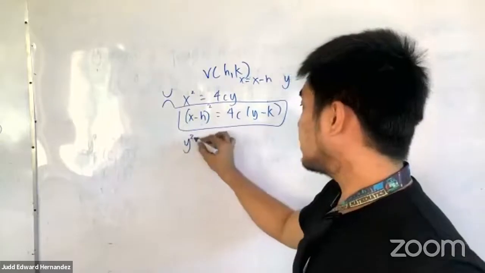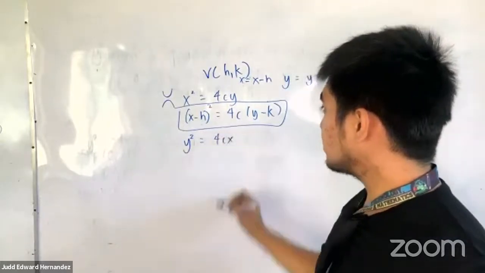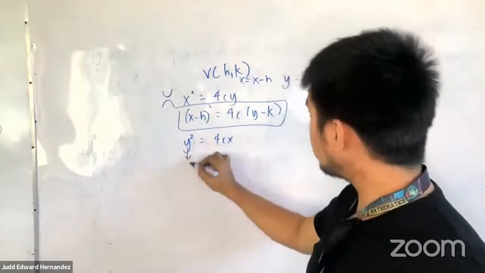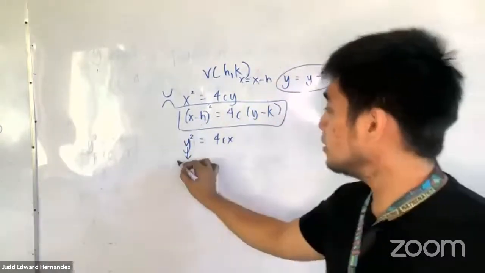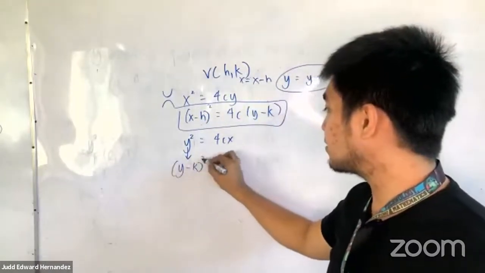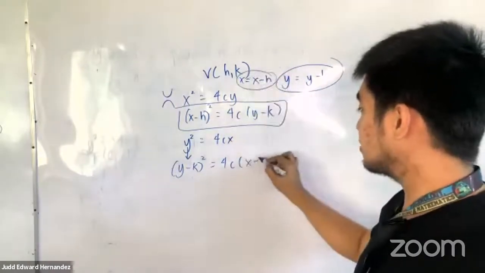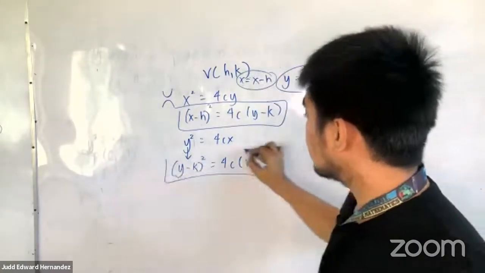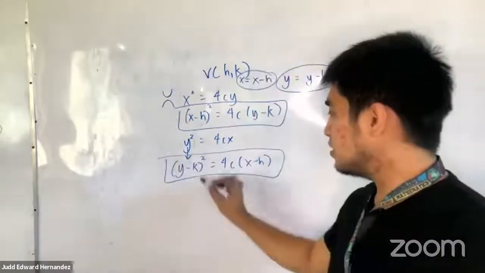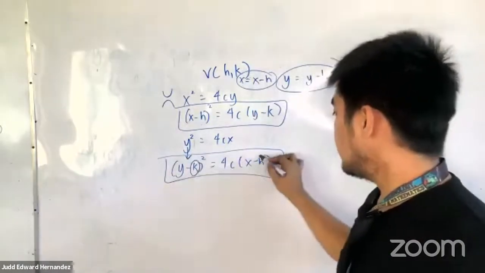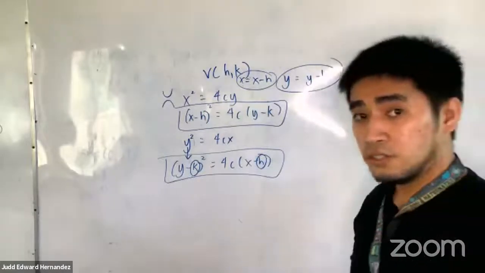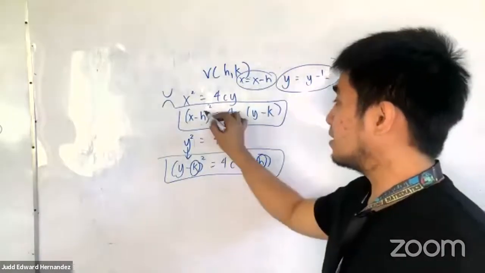When we have the formula y squared is equal to 4cx, we replace y with y minus k. This becomes (y minus k) quantity squared is equal to 4c times, what is our x? That is x minus h. So what changes here is the h and k, and also the values of the directrix and the focus.